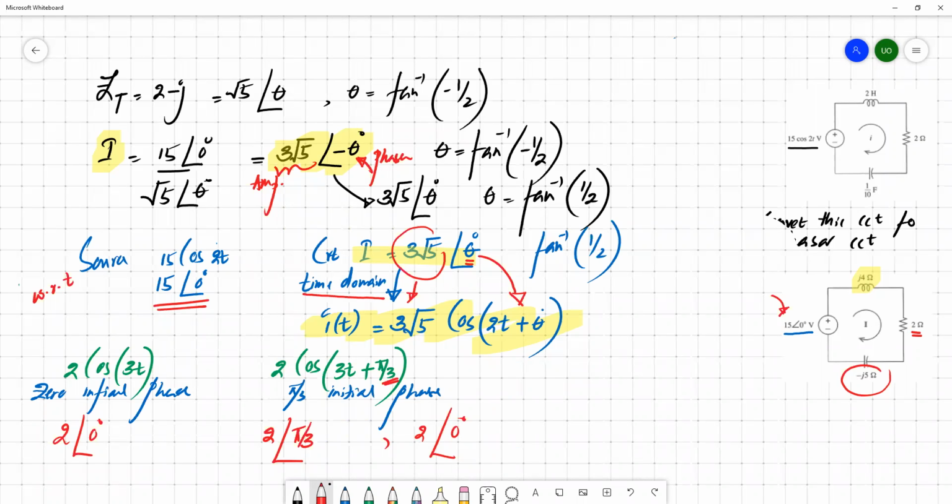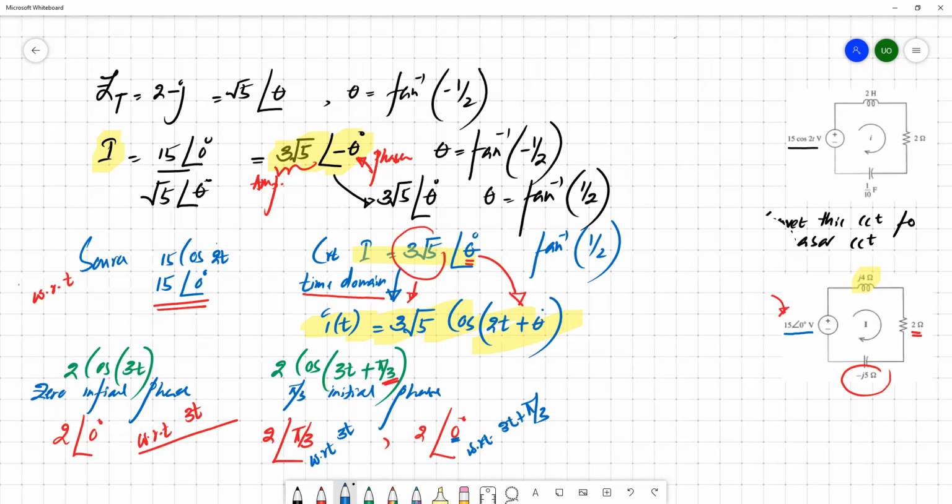Or else you can absorb that 5 by 3 into the omega t component and simply say your initial phase shift is 0. In this case, everything is with respect to 3t. Here, it is with respect to 3t plus 5 by 3, so that's why it's 0.